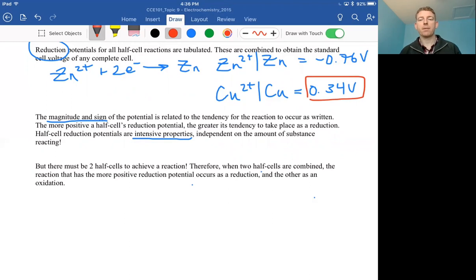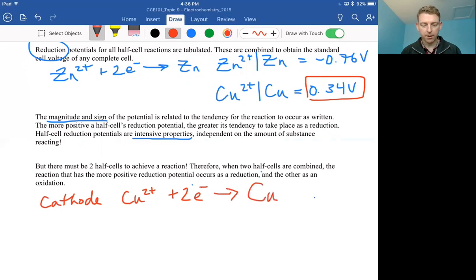But it doesn't matter if they were both positive or both negative, whichever one is the higher one is the one we're going to go with as the reduction, or the cathode side of the reaction. So there we have our cathode: copper 2 plus plus 2 electrons going into copper, and that is 0.34 volts.